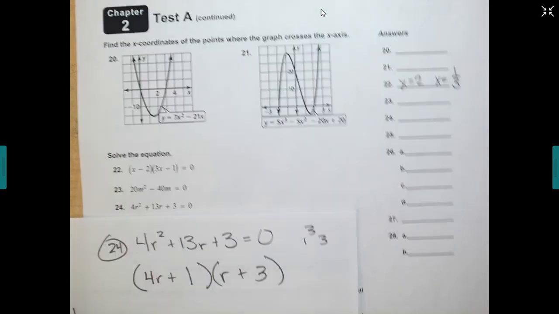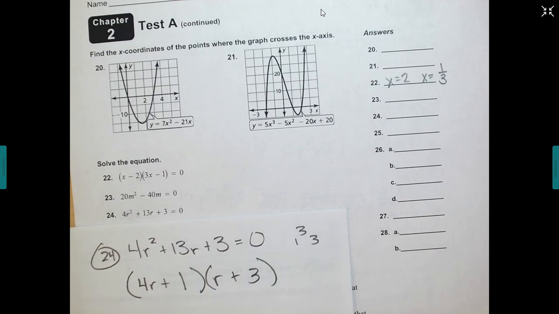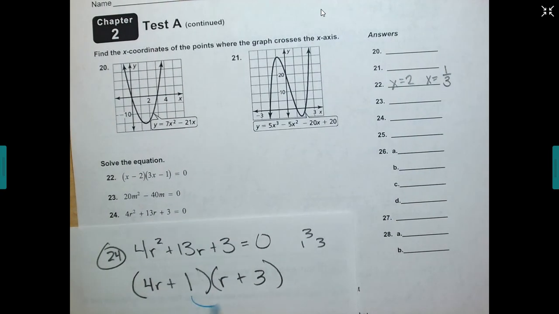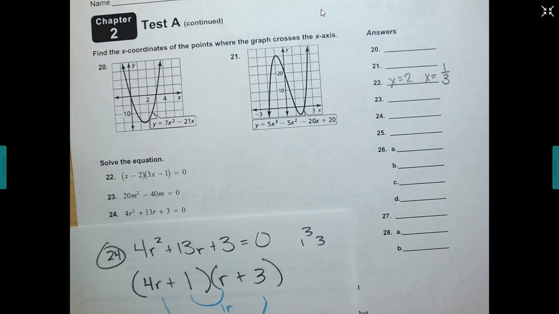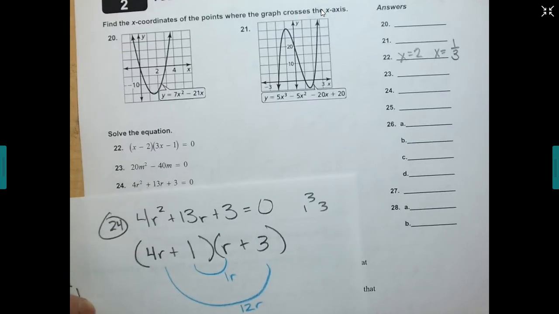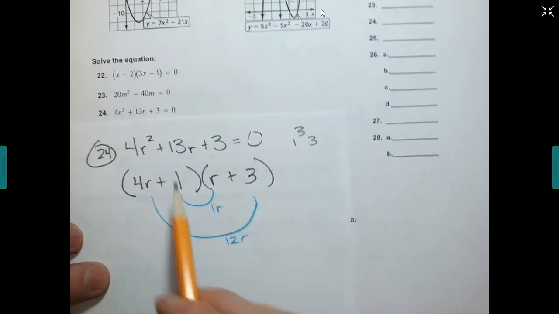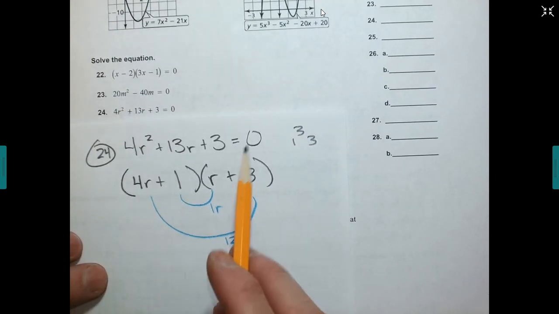And then I'm going to check it with my smiley faces. So 1R, 12R, that's 13R, yes. So I got the factoring right now. I just have to solve it for 0.